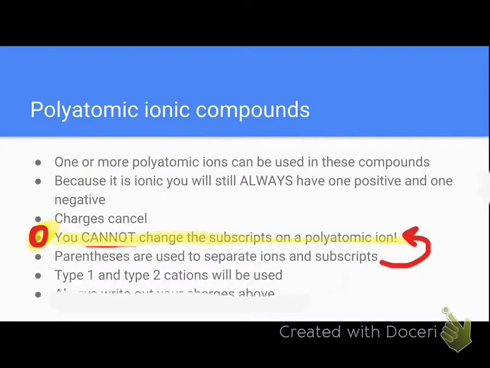We're going to use type 1 and type 2 cations. Remember, type 1 are the ones you can find from the periodic table, like potassium is always going to be +1 and calcium is always +2. But we're also going to see type 2, like iron, which could be +2 or +3, so you're going to have to pull in those Roman numerals again. They're not going to be indicated to you as type 1 or type 2, so that's where, as I said before, you need to know the differences between them.